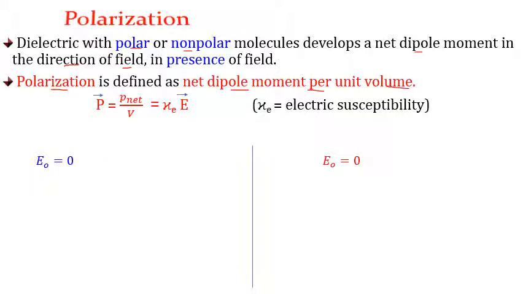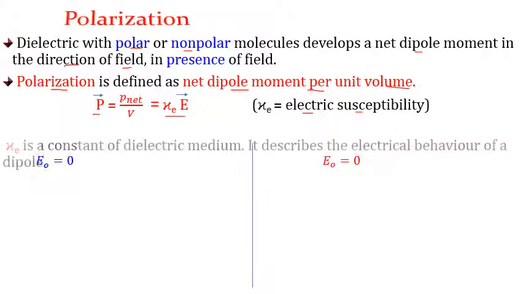See, this P is the polarization, P net is the net dipole moment, and V is volume. Means from this formula we can remember this definition. One more definition is that it is the product of chi E into E, where this chi E is called the electric susceptibility.